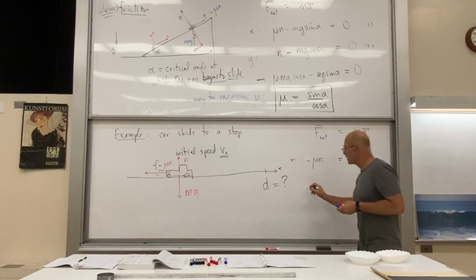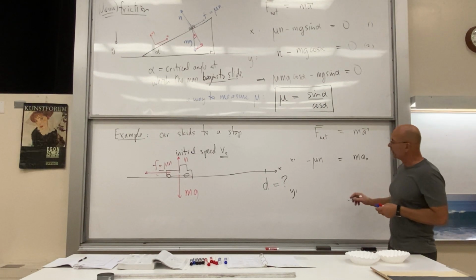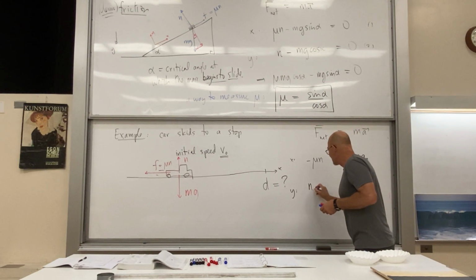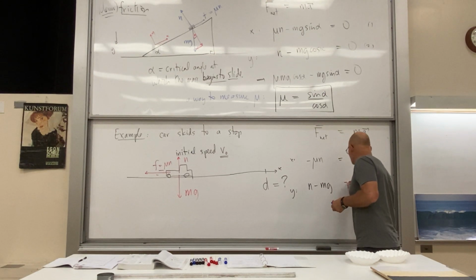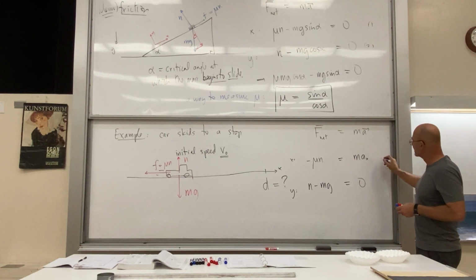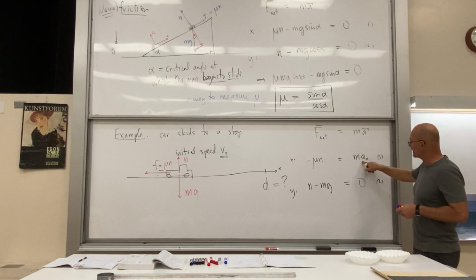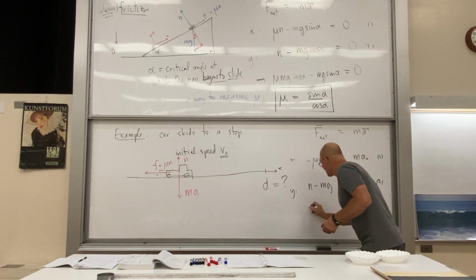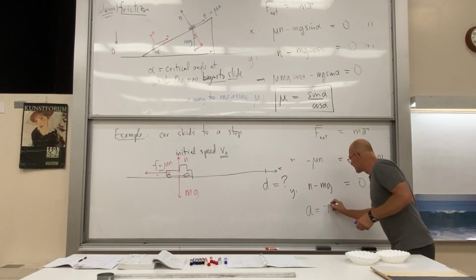Okay. Now we're going to do the y component, and there we see we have n minus mg equals 0. So we can combine these two equations and solve for the acceleration. a equals minus mu n divided by m.